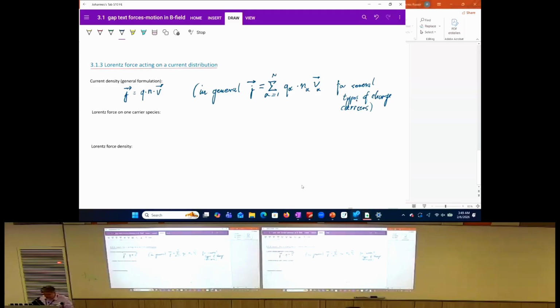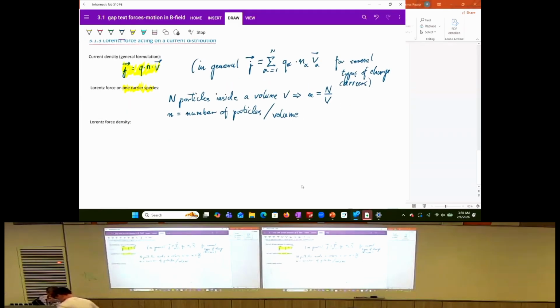So now we assume that we have one species of charge carriers, one type of charge carrier. So we take this formula in the following. Remember we have these n particles inside a volume V. So our carrier density is this total number over the volume, where n is the number of particles.